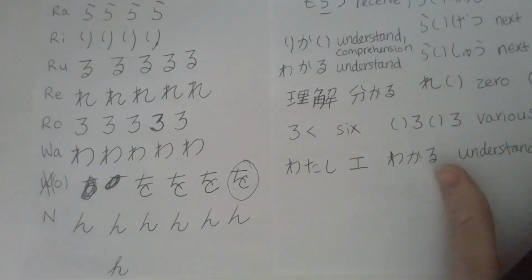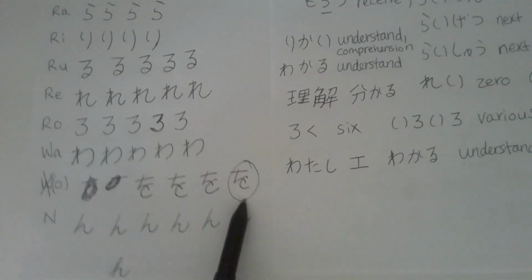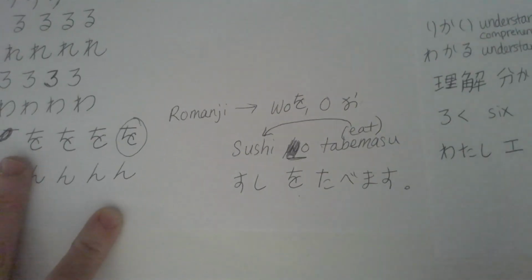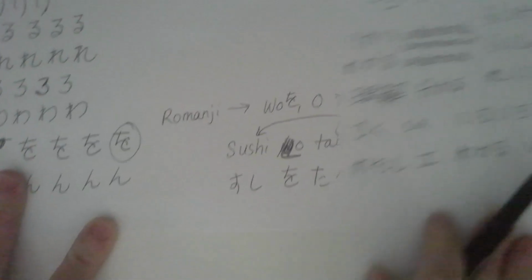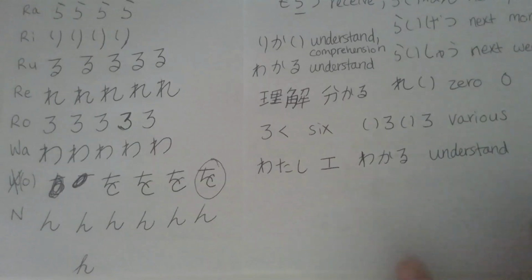Alright, and then the last two are o and n. I already used an example with o when I talked about the sentence here. Remember, it's the particle. So we'll skip that one. And n, let's think.